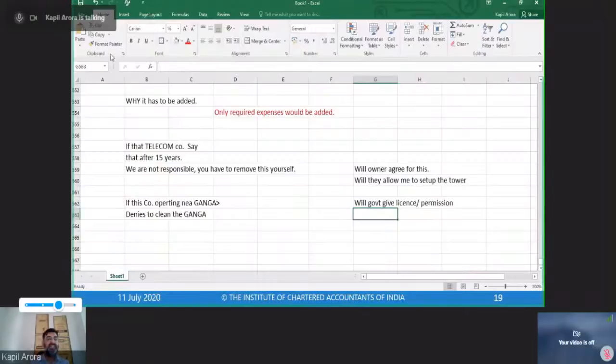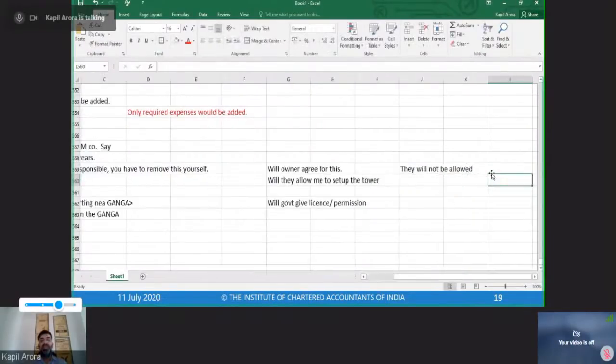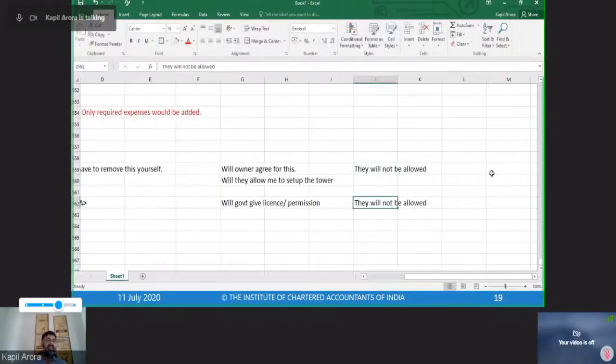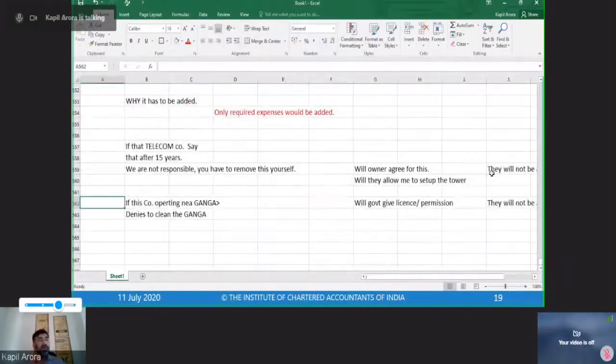The concept is that if the telecom company says no, or this company says no, they will not be allowed. When they will not be allowed, it means that the dismantling cost we are talking about becomes a required expense. If you won't accept that, you will not be allowed to construct or build that asset. If you are not allowed to build that asset, what does it mean? You will not be able to construct it.